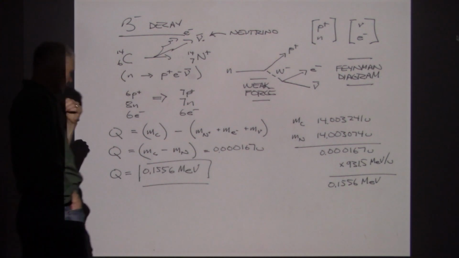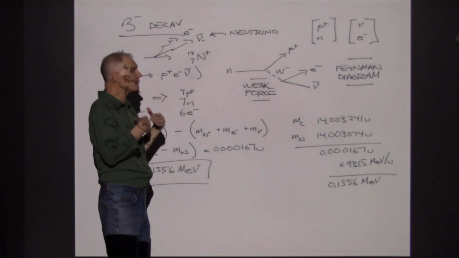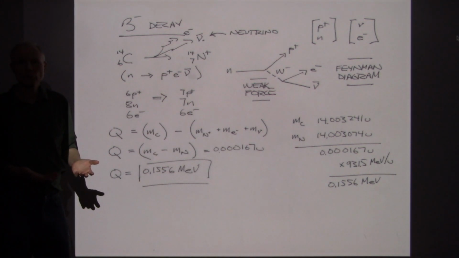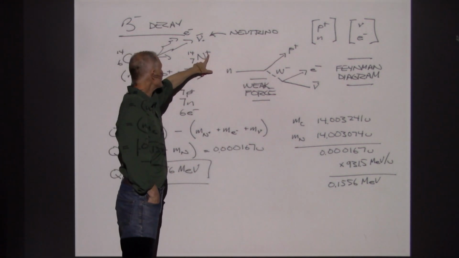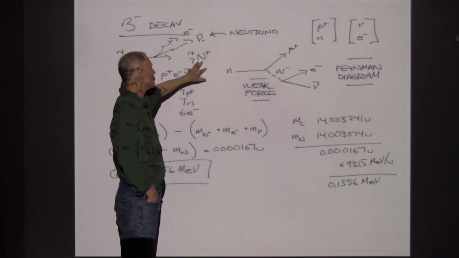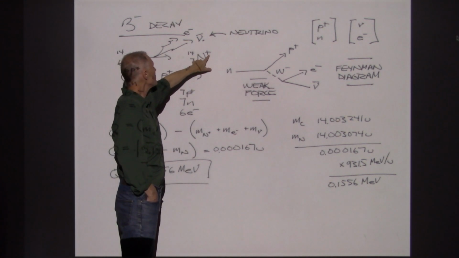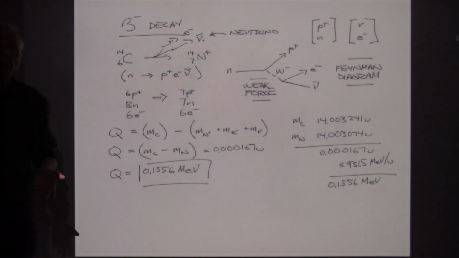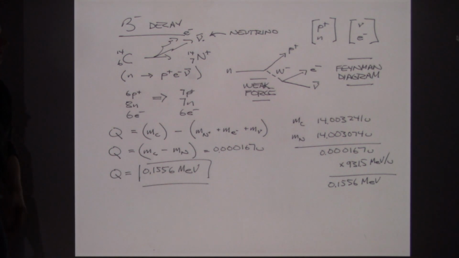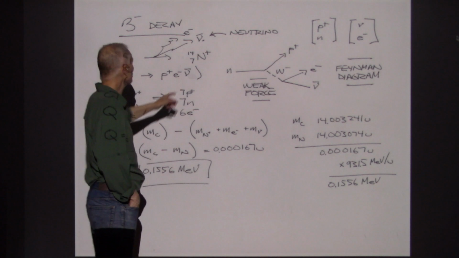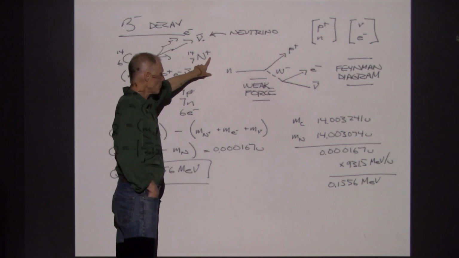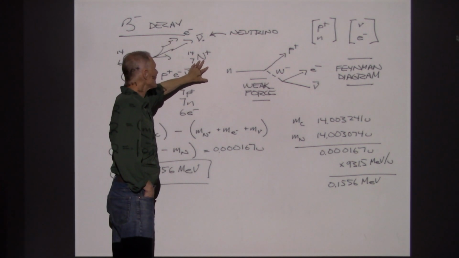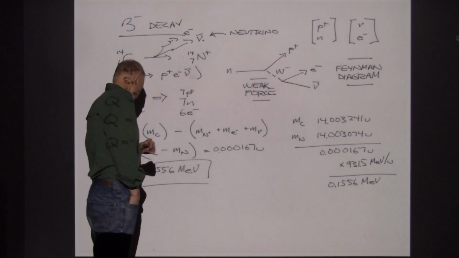And so the nitrogen now is effectively missing an electron. So I've got to remind myself that this is not neutral nitrogen-14, but rather a positively charged ion of nitrogen-14, so it's nitrogen with a plus sign. So I've got to take that into account. I'm missing an electron here.